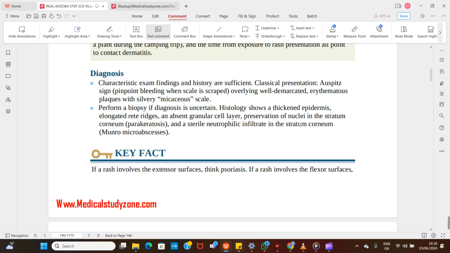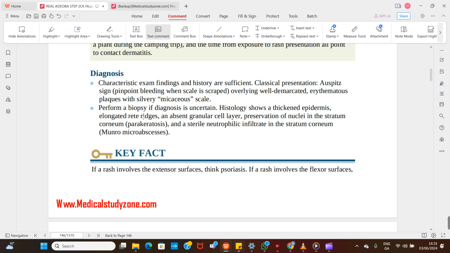Preservation of the nucleus in the stratum corneum, which you call parakeratosis, and a thickened epidermis, the stratum corneum and the stratum spinosum. There are also what you call the rete ridges. These rete ridges are just protrusions or projections of the epidermis into the papillary dermis.